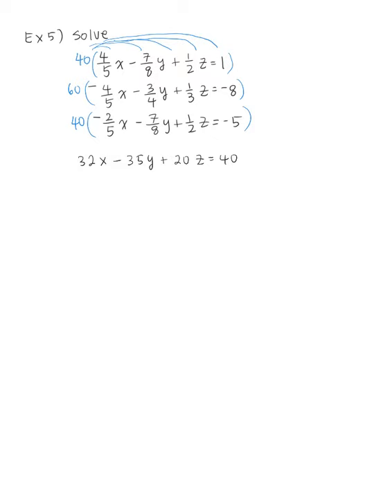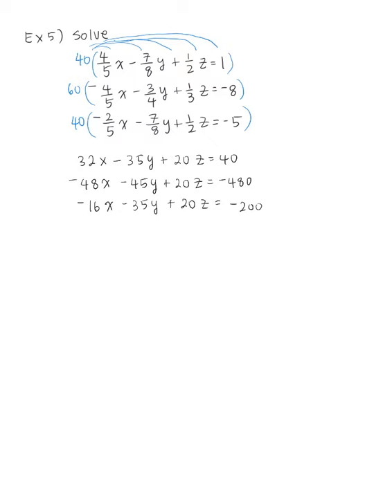And then the next one, 60 multiplied by negative 4/5, negative 48x minus 45y plus 20z equals negative 480. And then negative 16x minus 35y plus 20z equals negative 200. I hope I didn't make any mistakes at the first step.